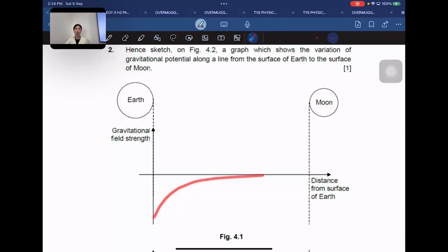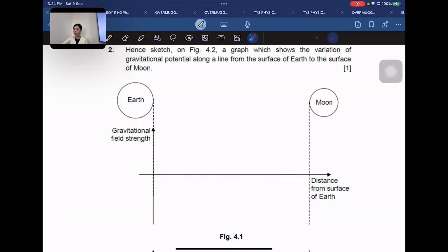Now there will be one region in between the two objects where the gravitational field strength will cancel, because there's gravitational field strength in this direction and in this direction. So there will be a point where they balance each other out. That's why gravitational field strength will reach 0 at a certain point. Then following the inverse square law, now in the same direction as the Moon, you go up like that. So can you see they both follow the inverse square law, just that one is in the negative region, one is in the positive region?